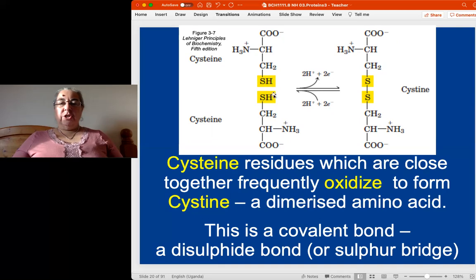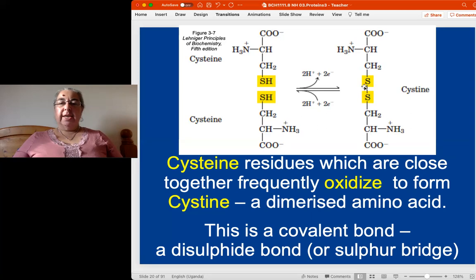These two are able to interact with one another to release the two hydrogens. So two hydrogen protons and two electrons are released when this bond forms, and a bridge is formed between the two sulfur atoms.